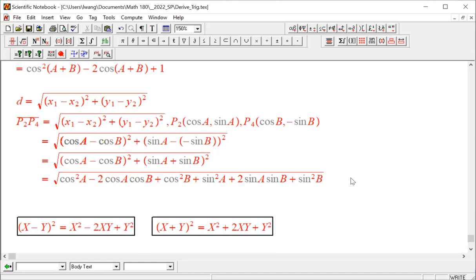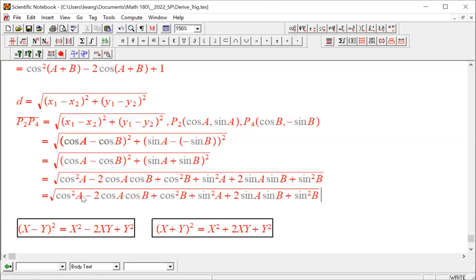Okay. So now let's see what we got. We're working on P2, P4. We are working on that line now, right? Look at this. I'm going to copy this and paste cosine square of A. There's a sine square of A. So these two make 1. Cosine square of B, sine square of B. So these two make 1 again.